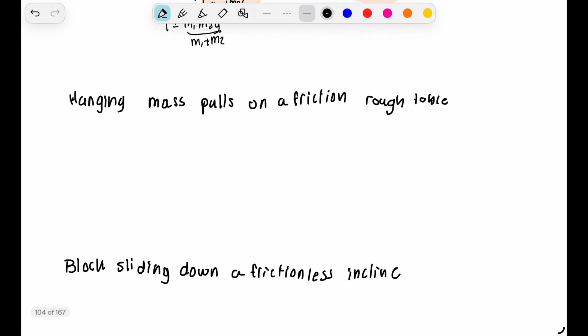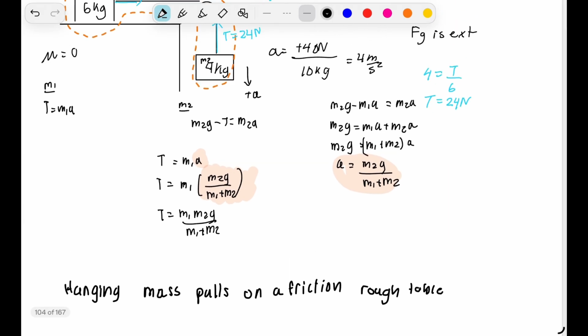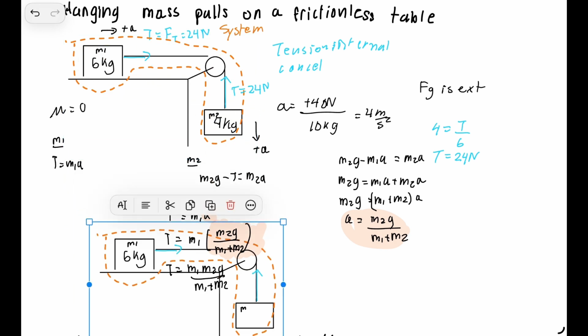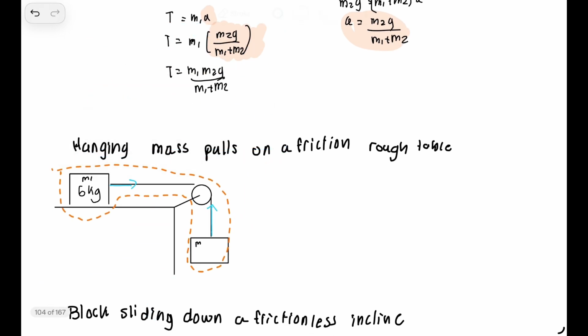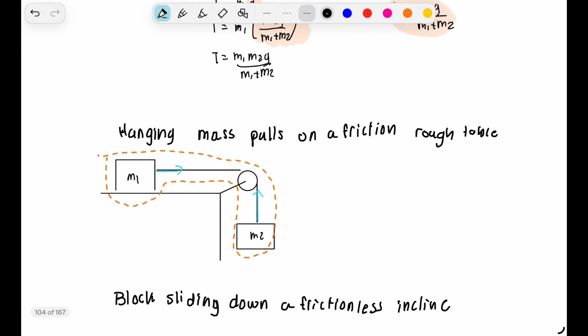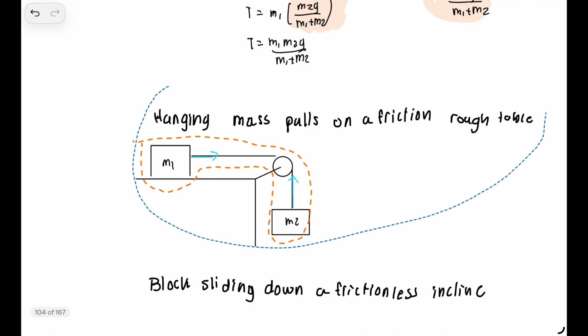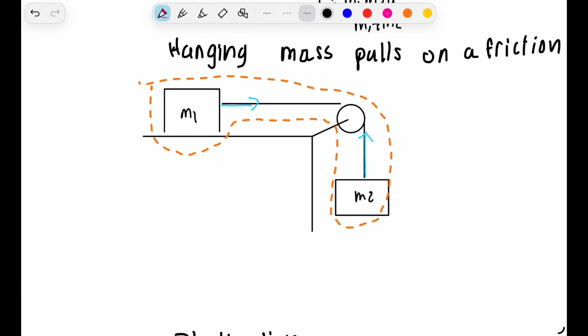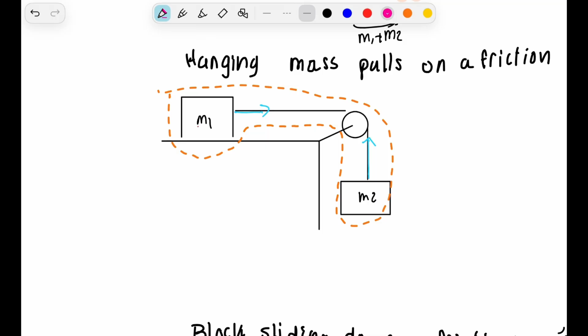Now, what if you have a hanging mass that pulls on a rough table? So similar setup. This is our M1, this is our M2. So for M1, we're actually now going to have a friction force.